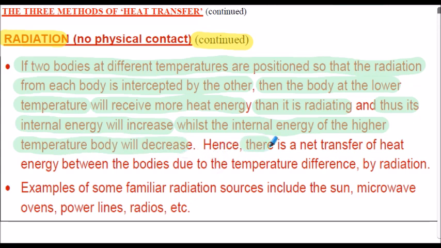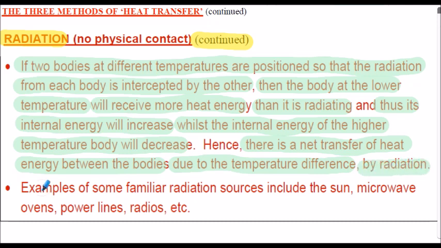Hence there is a net transfer of heat energy between the bodies due to the temperature difference by the process of radiation. Examples of some familiar radiation sources include the sun, microwave ovens, power lines, radios, and I'm sure you can research many more examples.